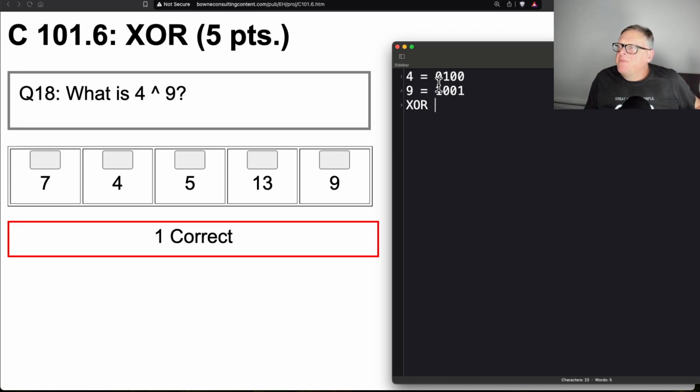You just take the bits one by one. Yep, that's it. 1, 1, 0, 1, exactly.